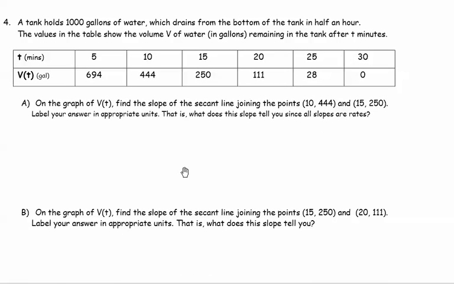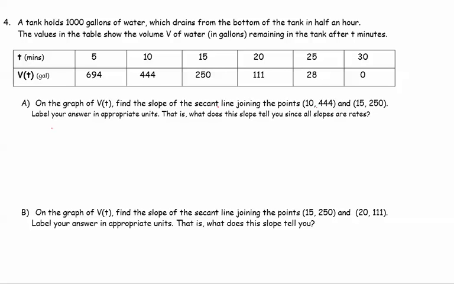And some more from data. All right, so we are draining water out of a tank and we've got the velocity at various points. So on the graph of the velocity function, find the slope of the secant line joining these 2 points. Well, that's pretty easy.